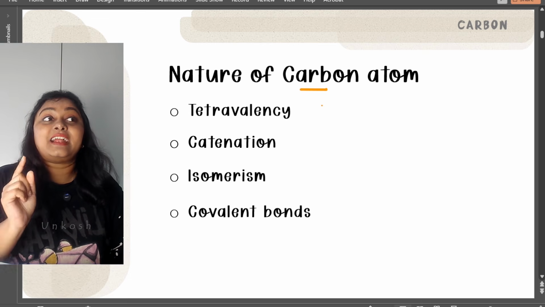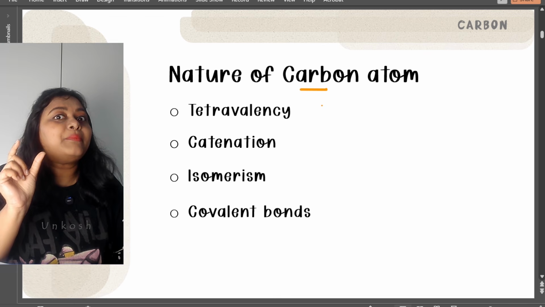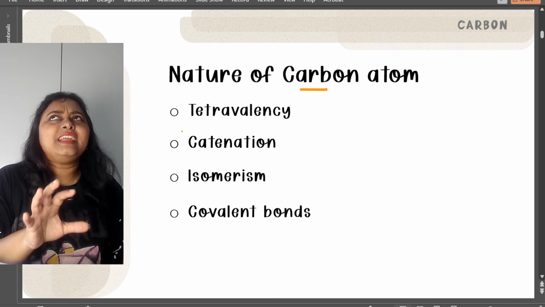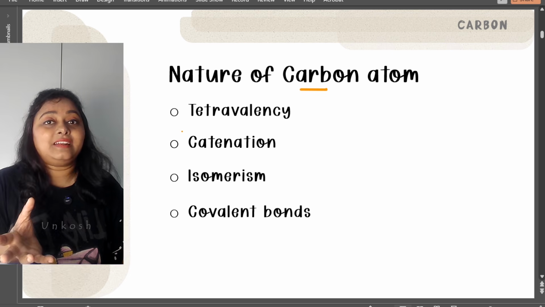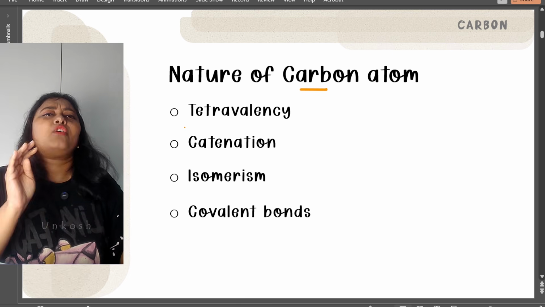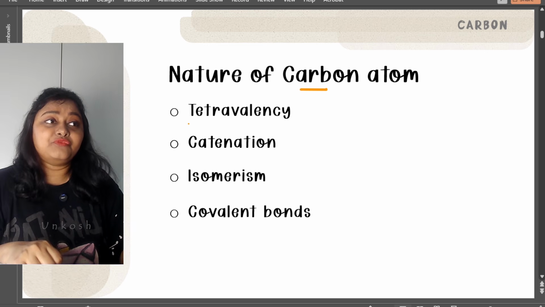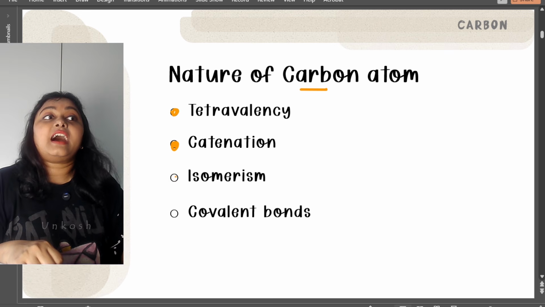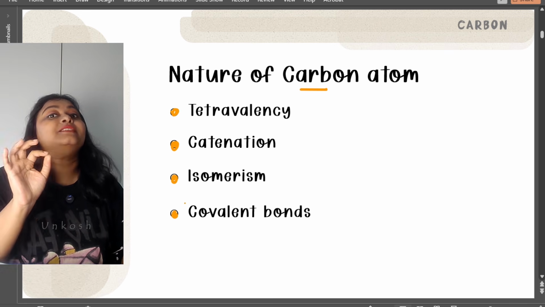Let us understand those natures or properties of the carbon atom. Whenever we are talking about the nature or property of the carbon atom, we need to understand that there are four pointers, which are tetravalency, catenation, isomerism, and how carbon can form covalent bonds.